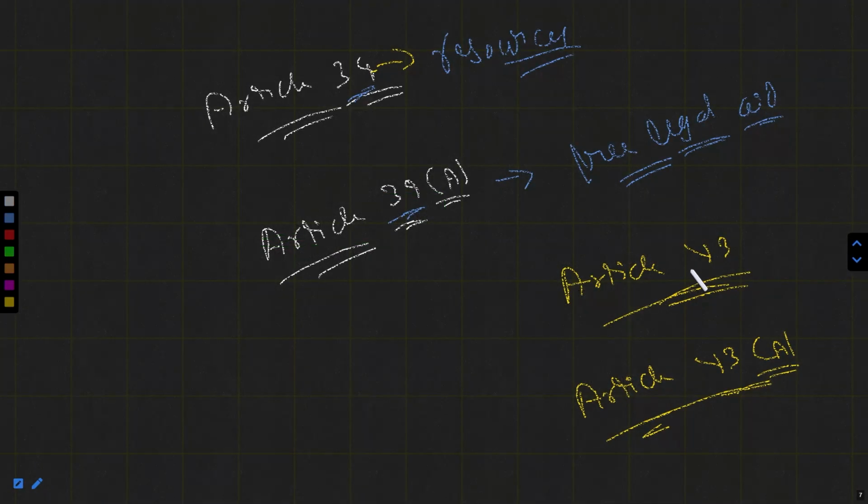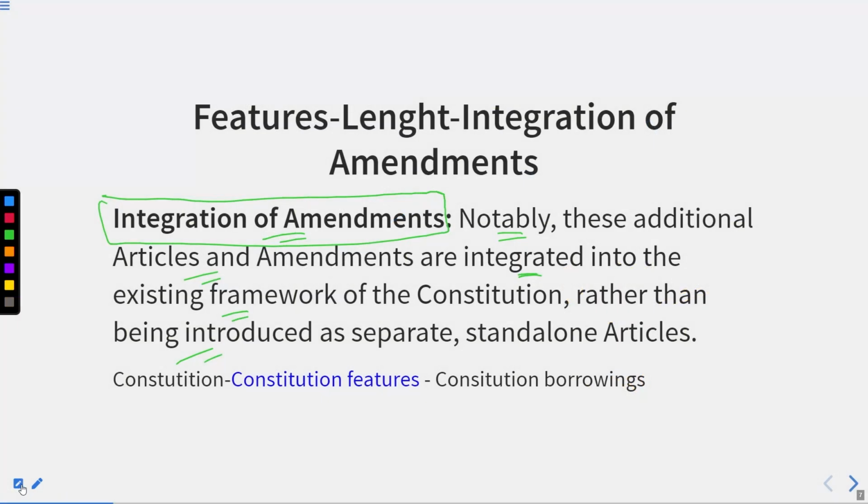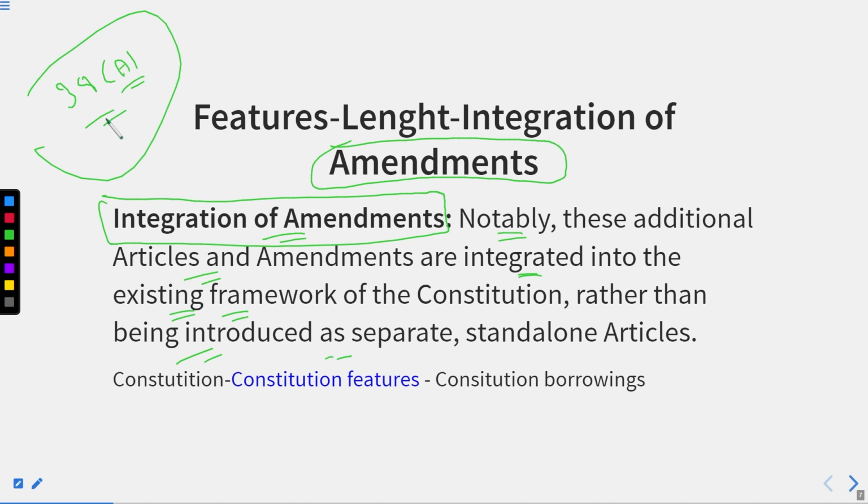I'm not going to tell you about this again because I have already told you. You can go and check. What I'm trying to say is that the amendments or changes we have made in the articles from time to time have been integrated into the existing framework of the Constitution rather than introduced as separate standalone articles. We introduced free legal aid under Article 39A rather than introducing a totally new article. All right, so remember this.